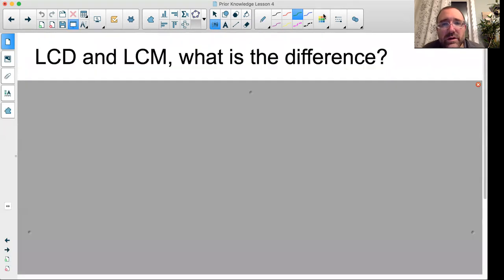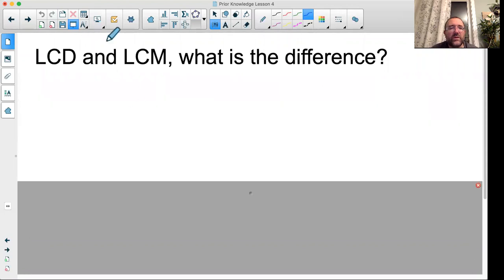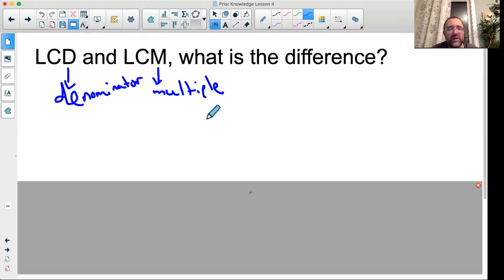Let's move on here. What is an LCD and LCM? Well, lowest common multiple, and then the other one is lowest common denominator. Two different things. And how they work, well, if you wanted to find the lowest common multiple of any values, let's just say it was 3 and 5, what is the LCM of these?